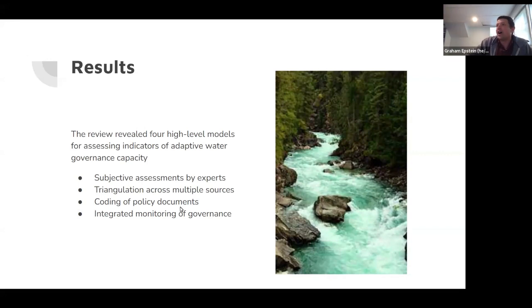So 4 models: subjective assessment by experts, triangulation across multiple sources, coding of policy documents, and integrated monitoring of governance features. And this really gets into that participatory approach, because that is exactly what they used in order to develop an integrated monitoring strategy as they worked with stakeholders involved.